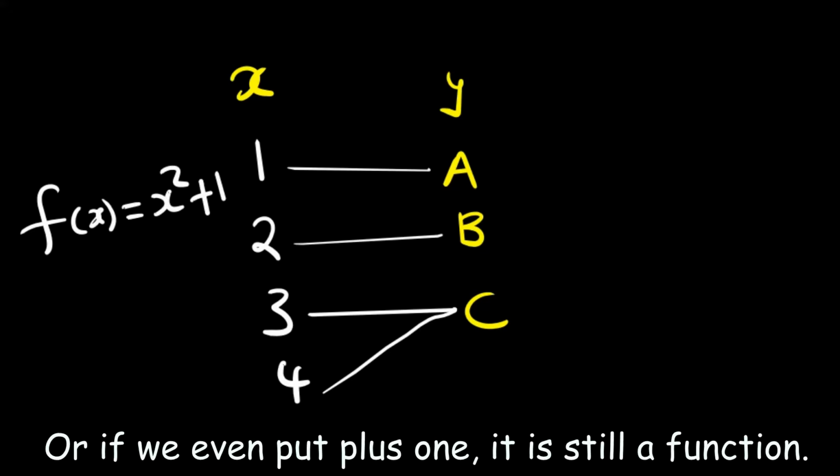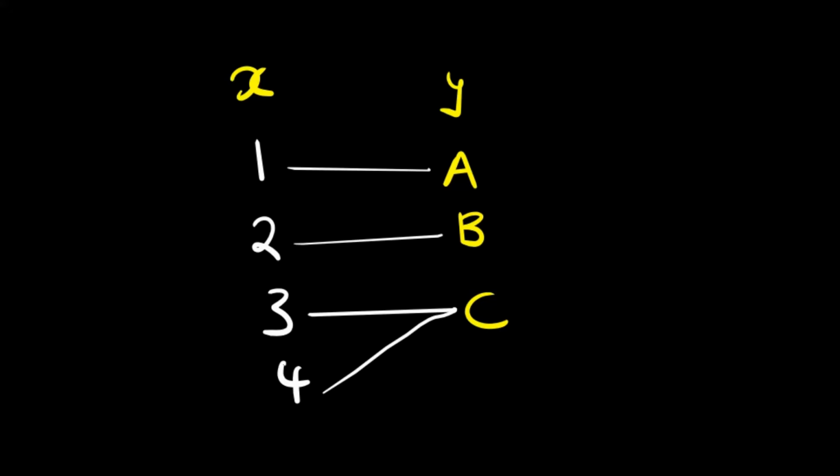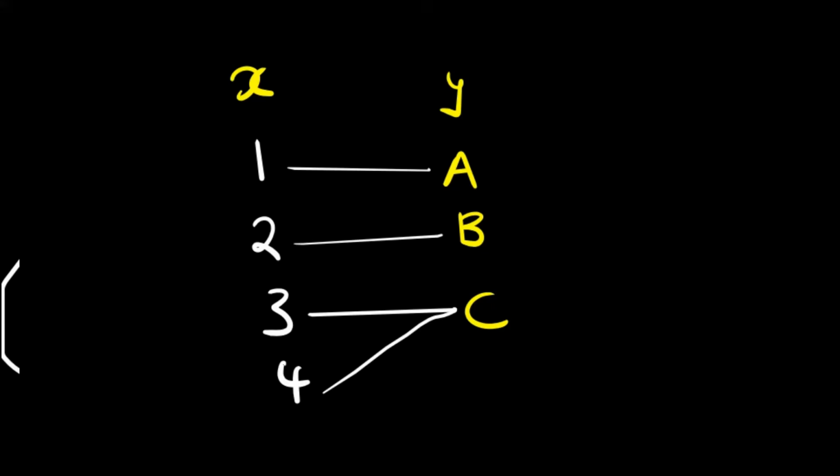Or if we even put plus 1, it is still a function. Okay, so basically that. However, the opposite is not true. Where you have one x value giving you y squared, no, this is not a function. Like a scenario where we had, let's say you have 3.